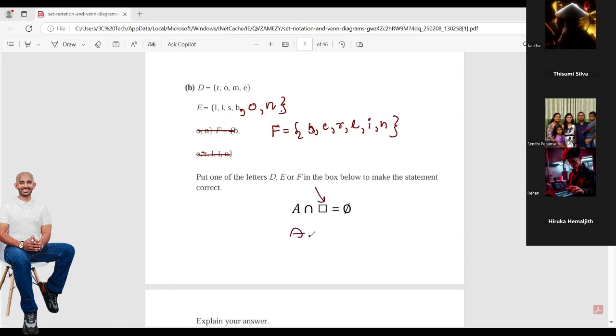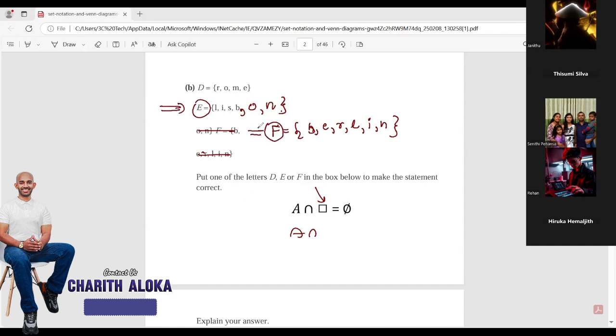A intersect a certain set. A intersect one of these sets should be a null set. It should be a null set. Right?